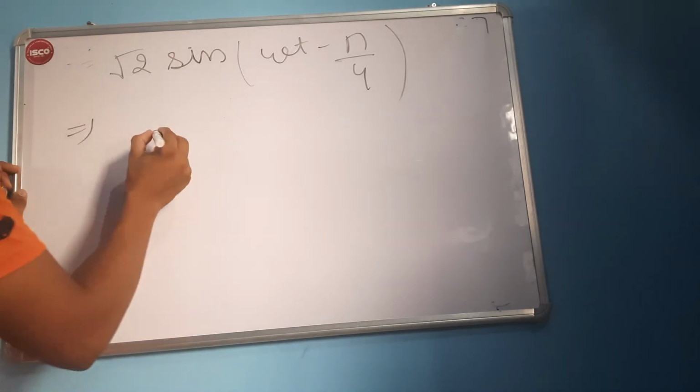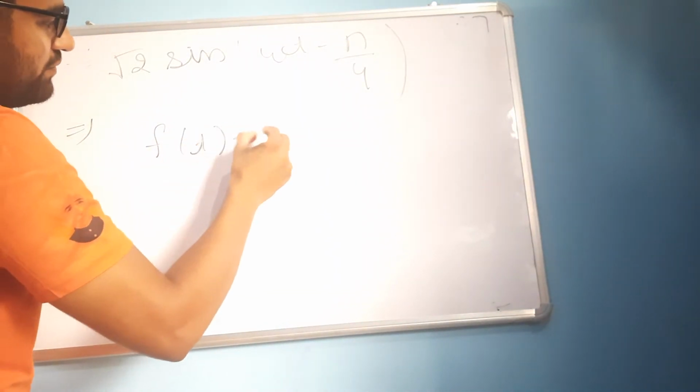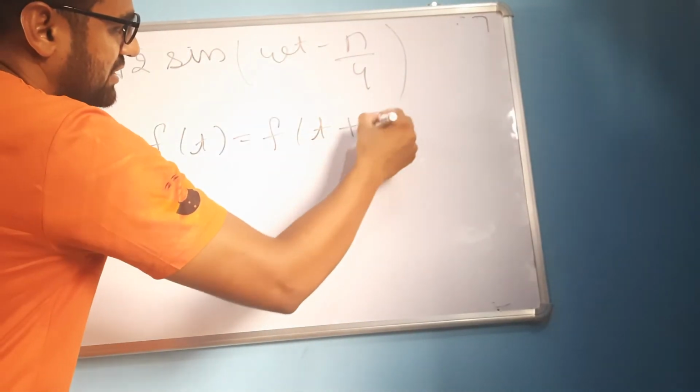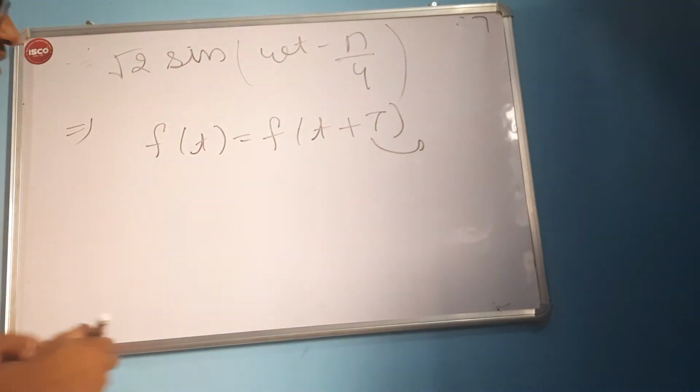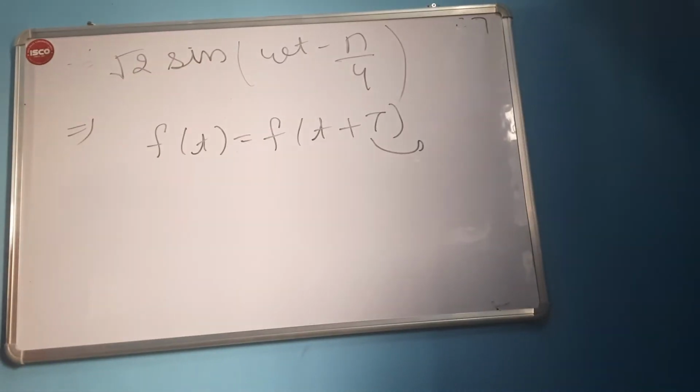That is, f(t) equals f(t plus T). Here T is the time period, and in the case of angular displacement in terms of a sine function, it will be 2 pi.